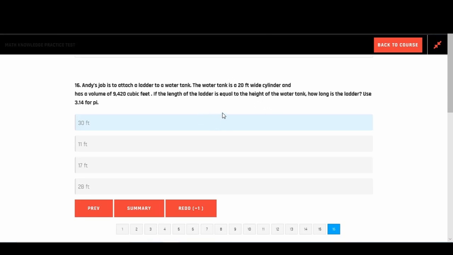So let's do a little sketch here. Because we know we're dealing with a circular water tank, I kind of want to get this pretty good to see.